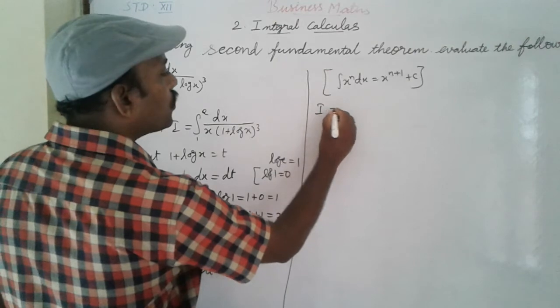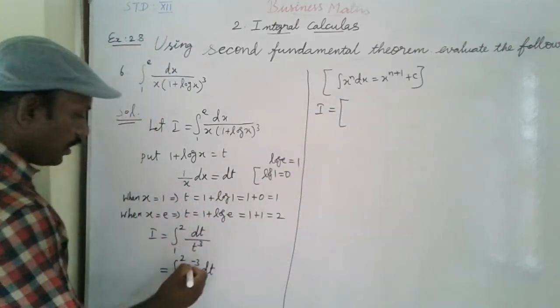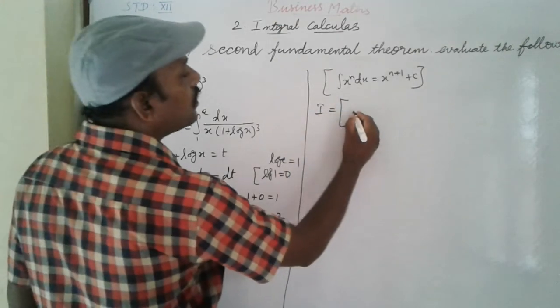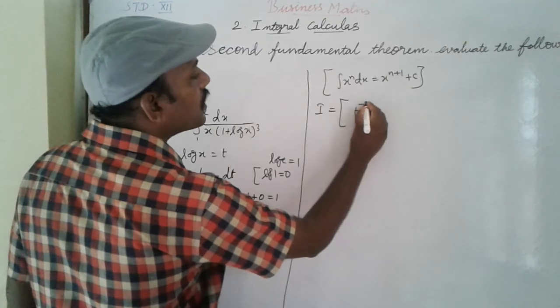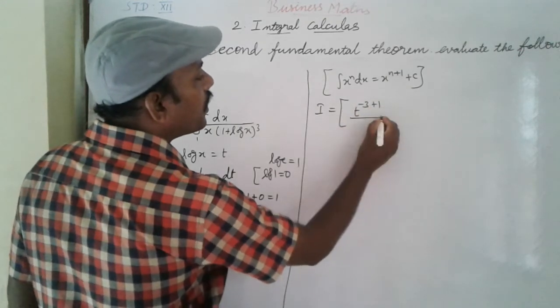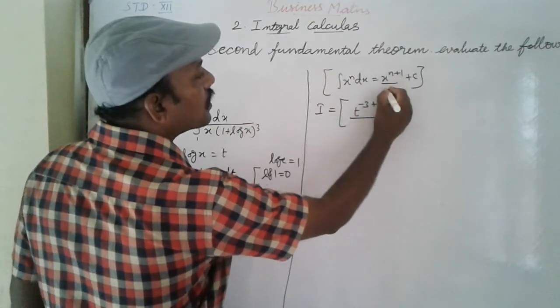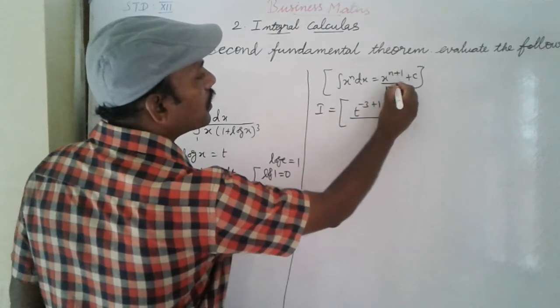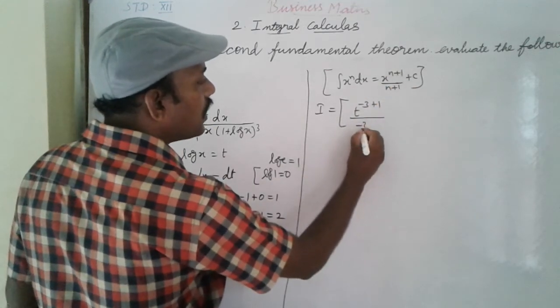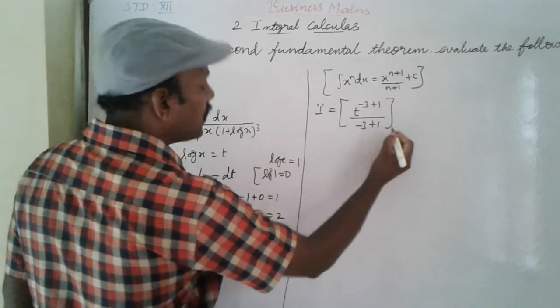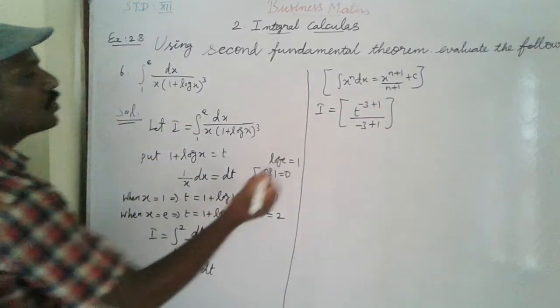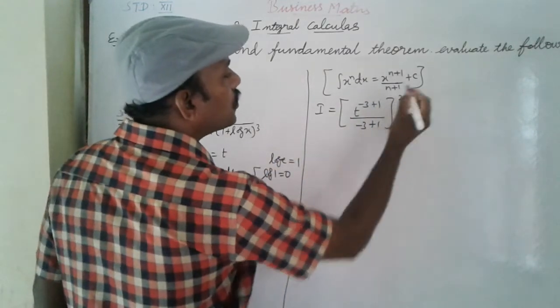I equals t power minus 3, where n is minus 3. So t power minus 3 plus 1, divided by n plus 1, that is minus 3 plus 1. With limits 1 to 2.